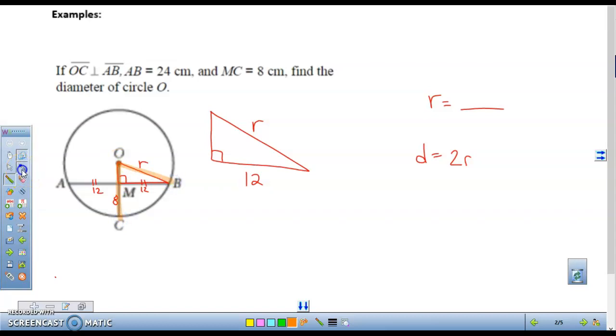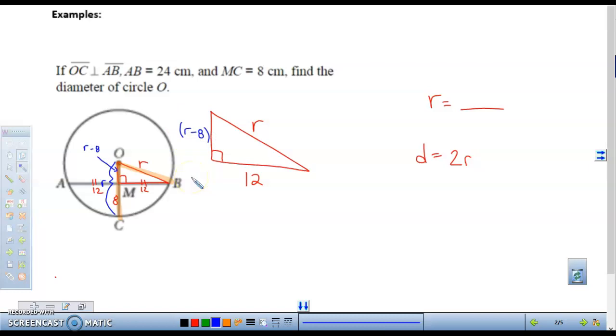So that means if OB is R, OC is also R, which means this entire segment is R. Now, that is helpful because if OC is R and MC is 8, then OM is whatever's left over of R after you subtract away 8. So a good expression for that would be R minus 8. So I'm going to call this piece R minus 8.